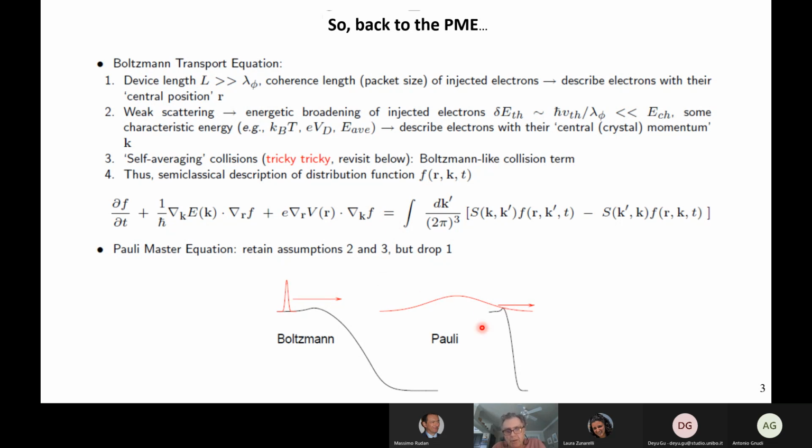Now we're going to deal with the opposite problem, which is much more complicated. We saw also that in this situation you can use several theoretical frameworks to deal with quantum transport, from the non-equilibrium Green's functions to the density matrix in the Wigner function form, and so on. But we'll use in particular this Pauli master equation, which is conceptually simpler.